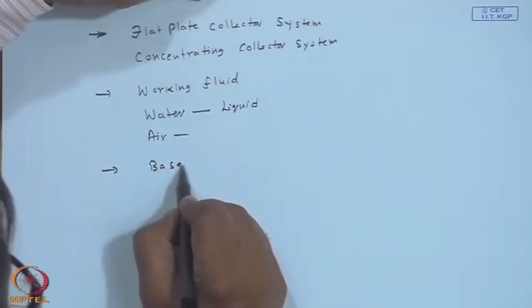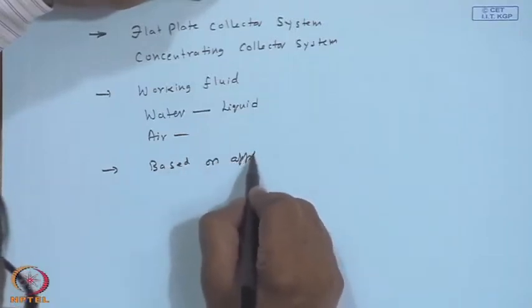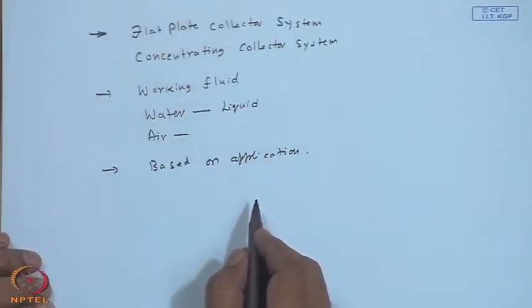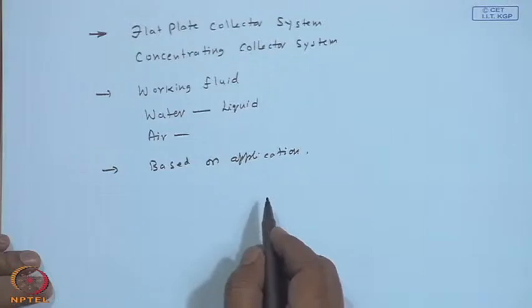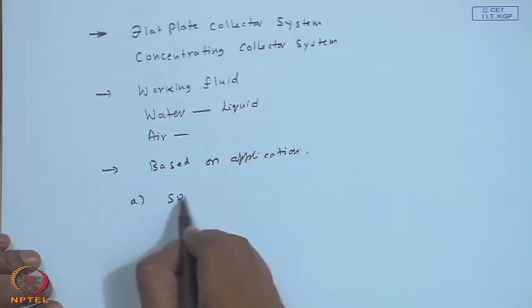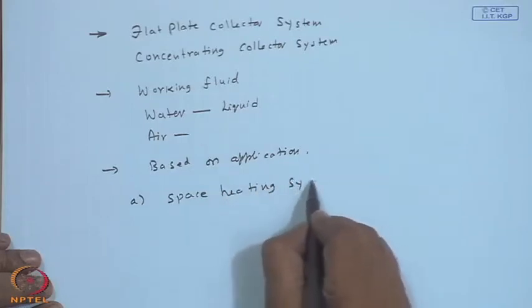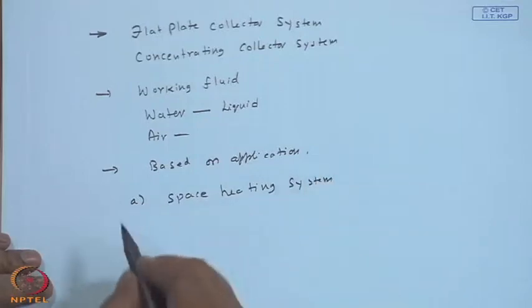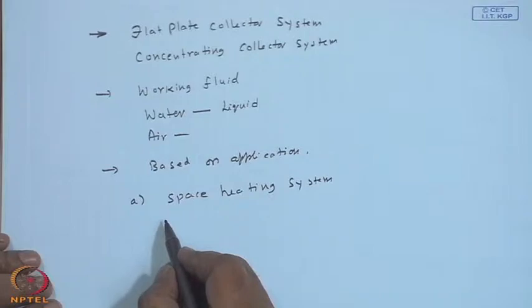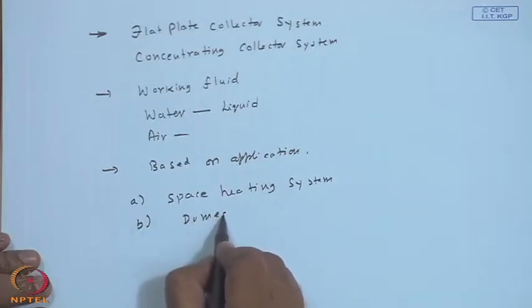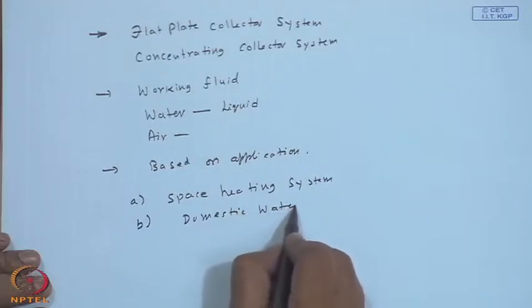Third, another way is functionality. Irrespective of what type of collector you used, whether you used a liquid or air and flat plate or concentrating collector, it can be a space heating system to provide comfort inside if the temperature is below the comfort condition of approximately 20 degrees C, you try to heat it up with a space heating system, and it may be domestic water heating.